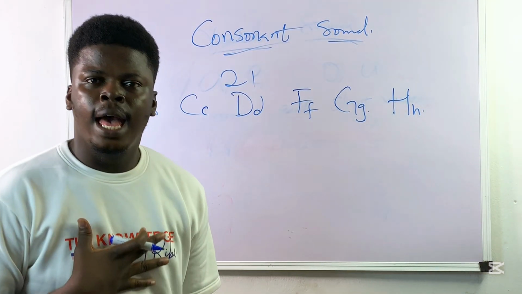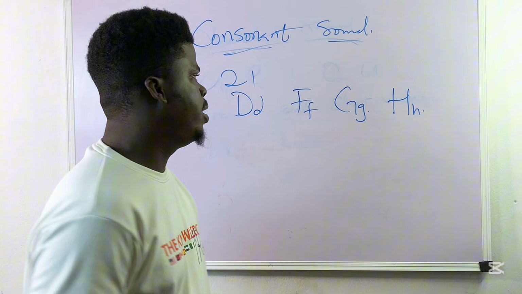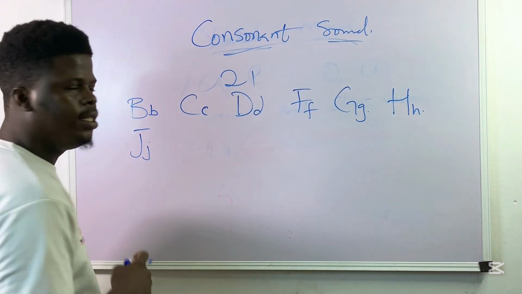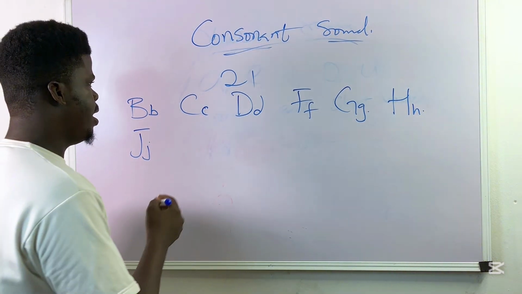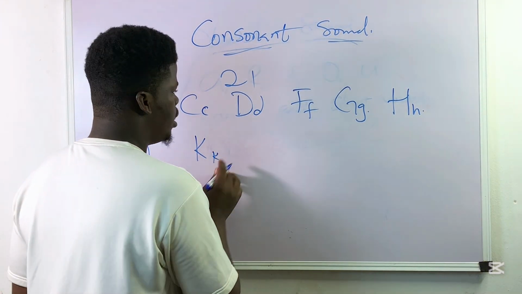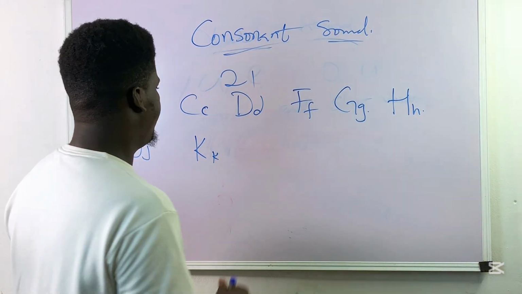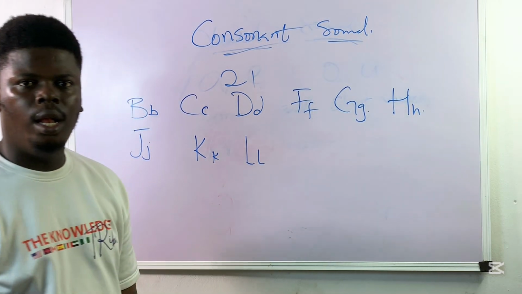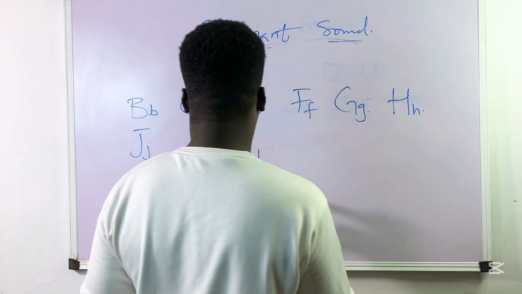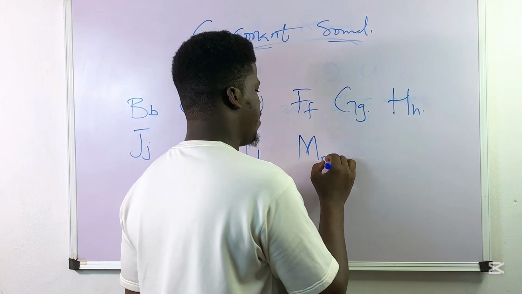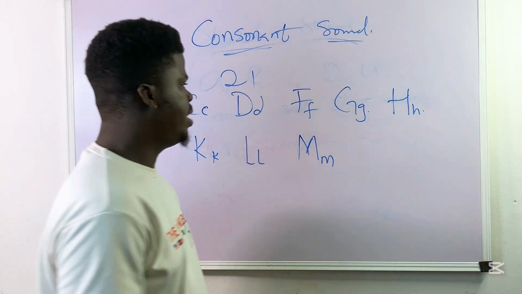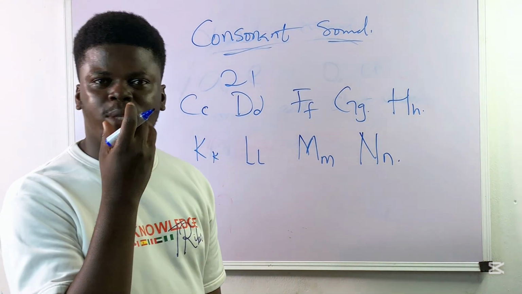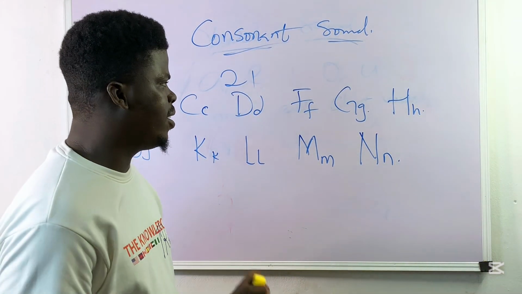Fantastic. A, B, C, G, H, I, J. This is J. Fantastic. I, J, K. This is K. Fantastic. I, J, K, L. Fantastic. You see, our mouth will not open when you're pronouncing the consonant.